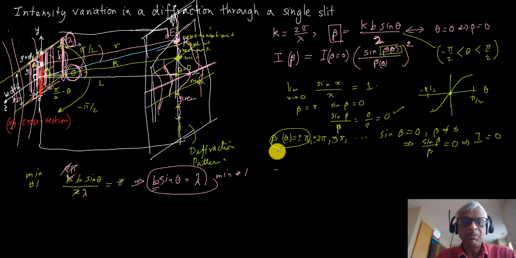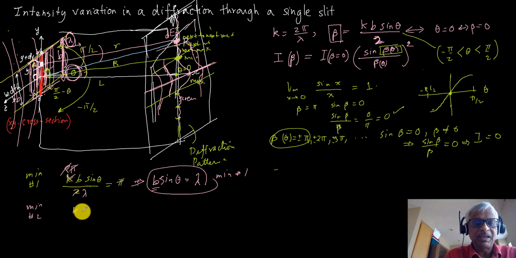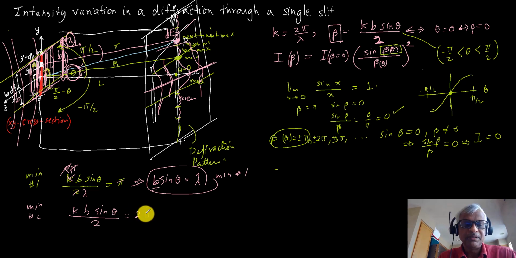You can pick any of the minima. For minimum number 2, kb sine theta over 2 is 2 pi. Again, same deal, 2 pi over lambda, these 2's go away and the pi goes away, so this is b sine theta equals 2 lambda, and this is minimum number 2.